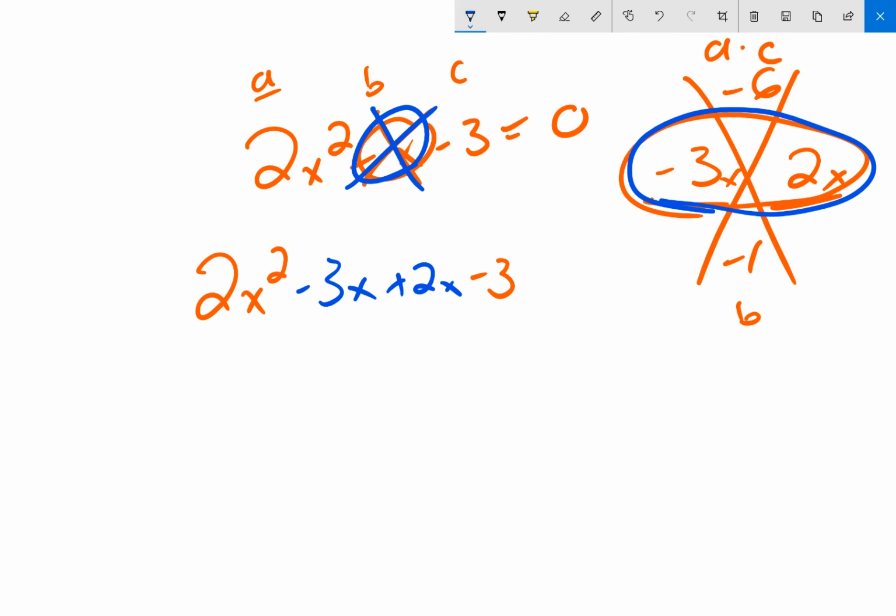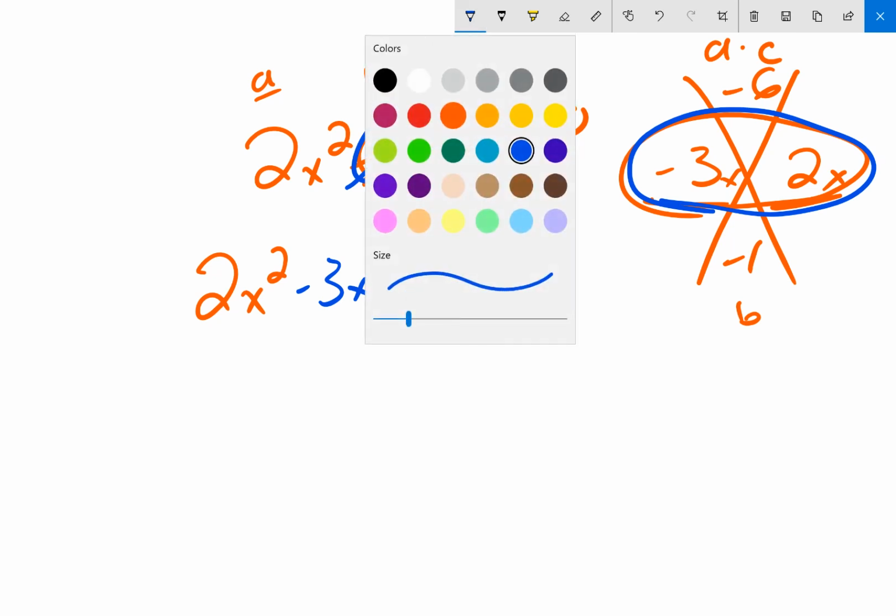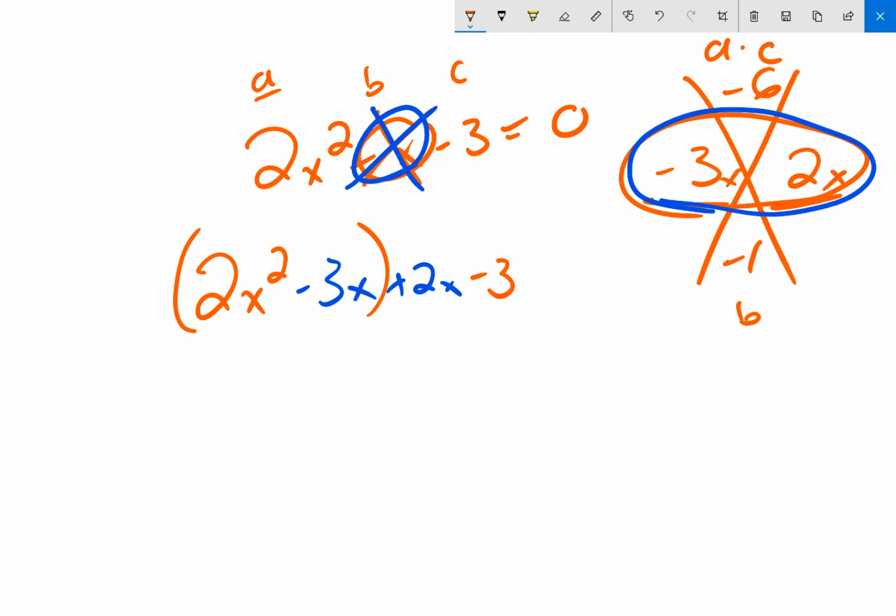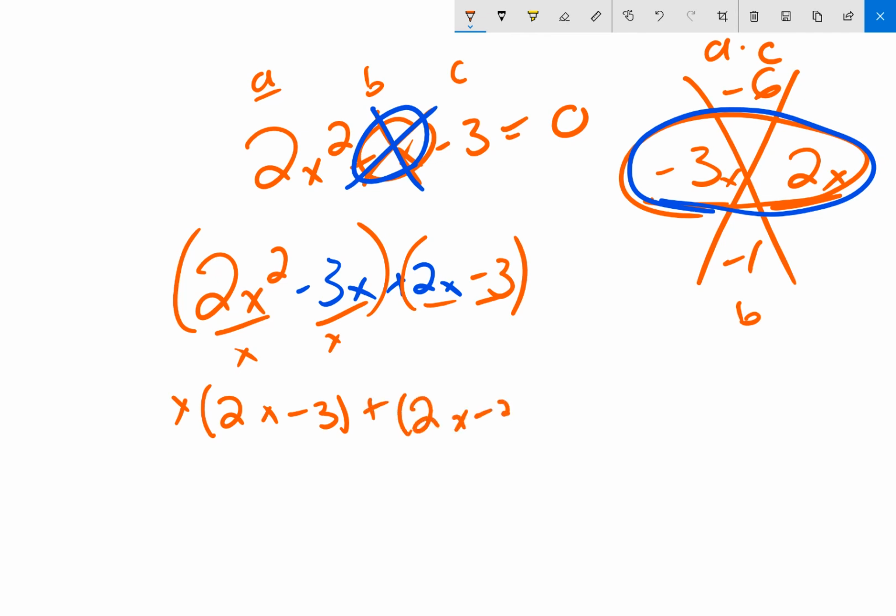So now I'm creating a 4-term polynomial in which I factor by grouping. So I'm going to group these terms together, group those terms together, and then factor by GCF. So first term has an x in common, so I'll take that out. The second group has nothing in common, so I'm not going to take anything out. And I've got the common group of 2x minus 3.